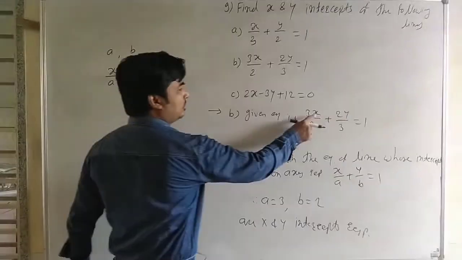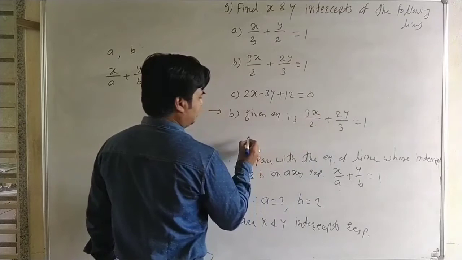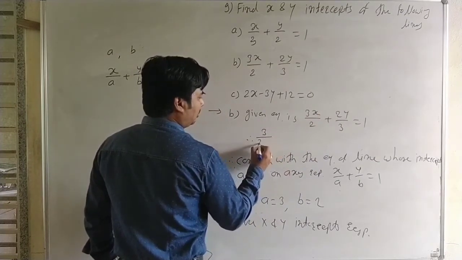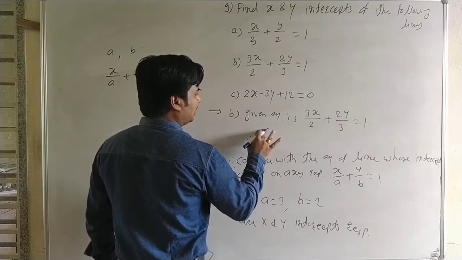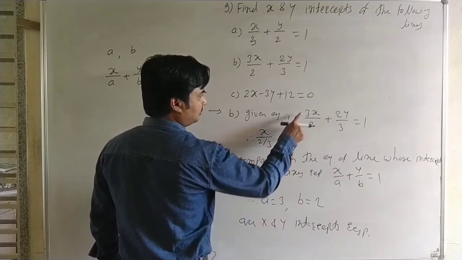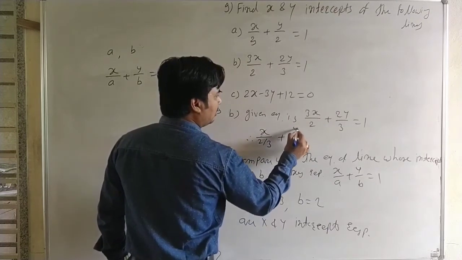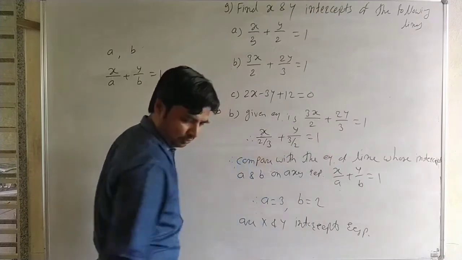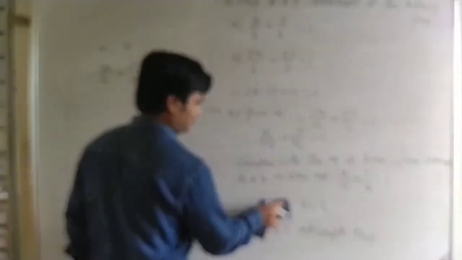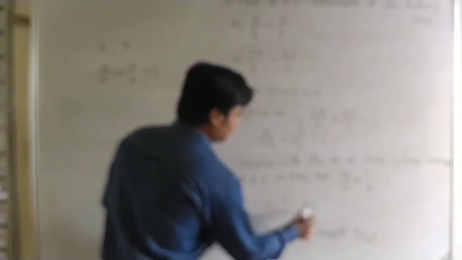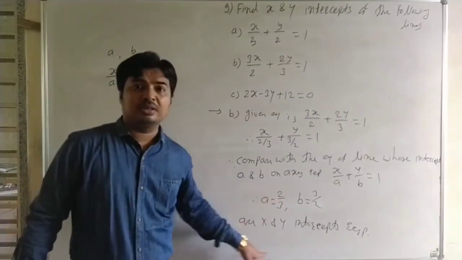But here the coefficient of x is 3 by 2 and the coefficient of y is 2 by 3. Therefore we can write x upon 2 by 3 plus y upon 3 by 2 is equal to 1. And now we get the x-intercept 2 by 3 and the y-intercept 3 by 2.